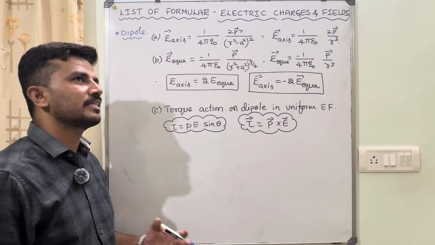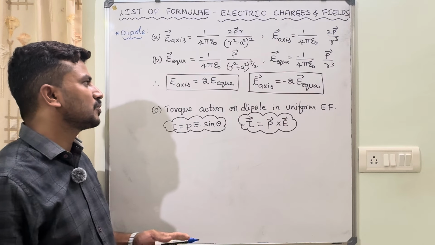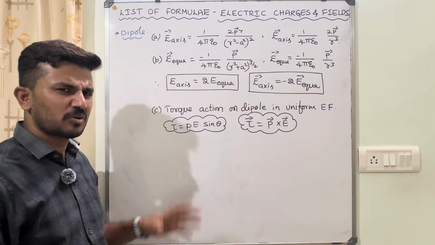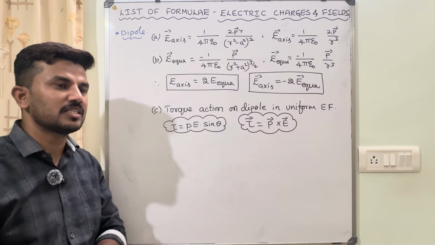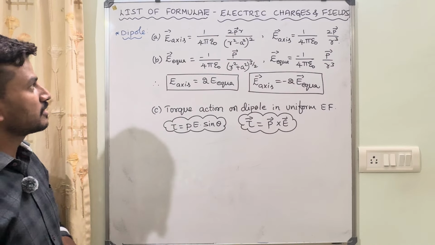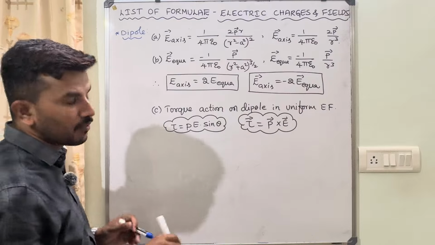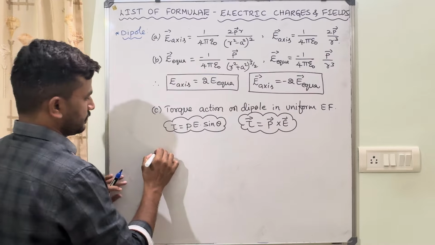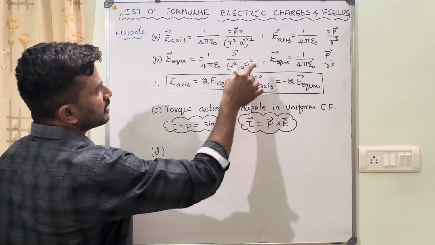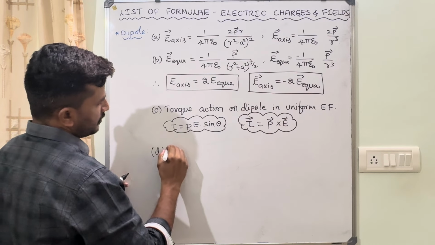I think axis, equatorial, one more is there, that is potential energy. We'll discuss about that in the electric potential capacitance chapter. Okay, dipole is done. One more is there. What about dipole moment, where p is called dipole moment, right?